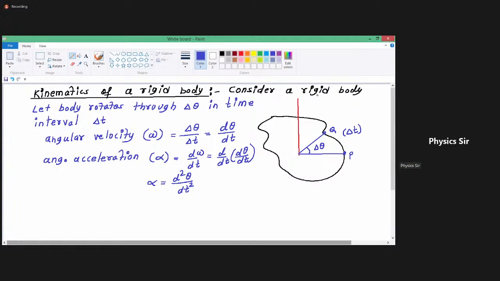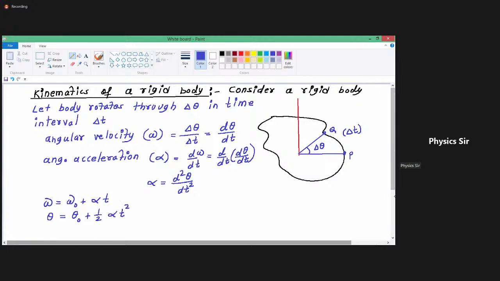Now there are certain equations of kinematics, like we write in linear motion, v equals u plus at. Similarly, here we write omega equals omega naught plus alpha t. The second equation: s equals ut plus half at square; here theta equals theta naught plus half alpha t square.